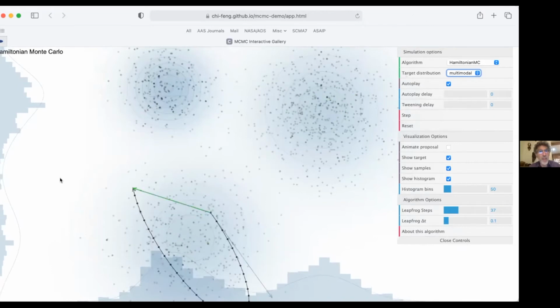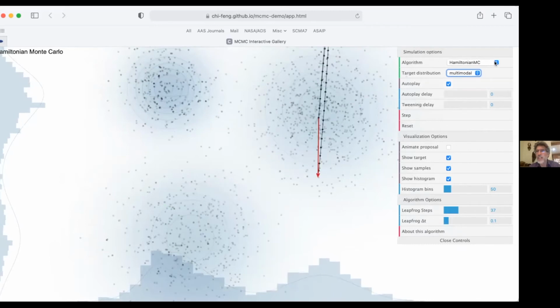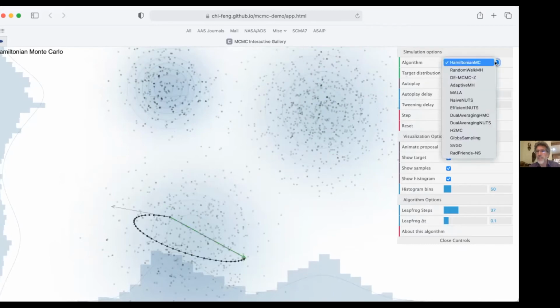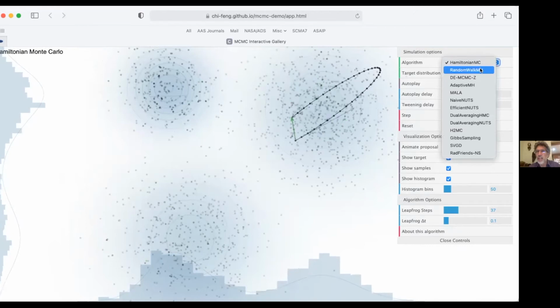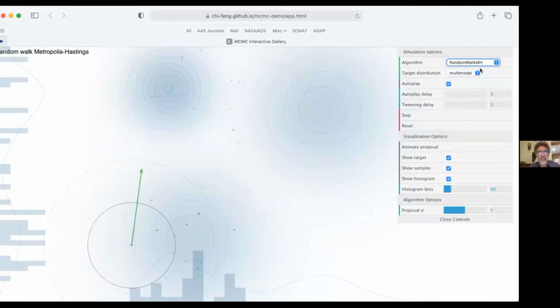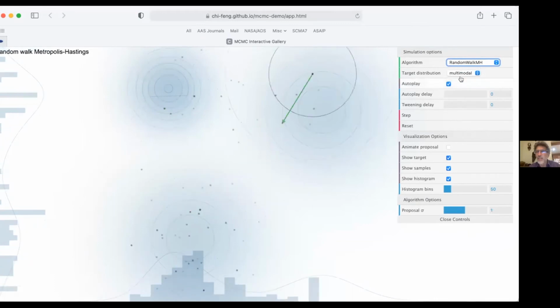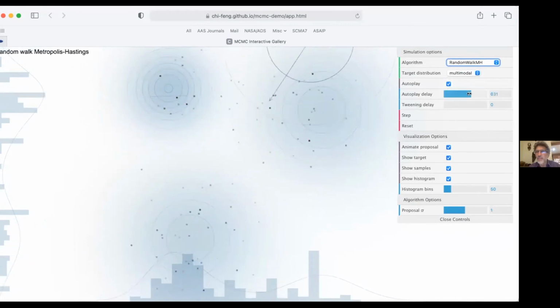Okay, so this is one of the most sophisticated of the algorithms. Let's look at a simpler algorithm. Let's just look at a random walk Metropolis Hastings. Okay, so let's slow it down for a moment. So now it's just looking in a circle.